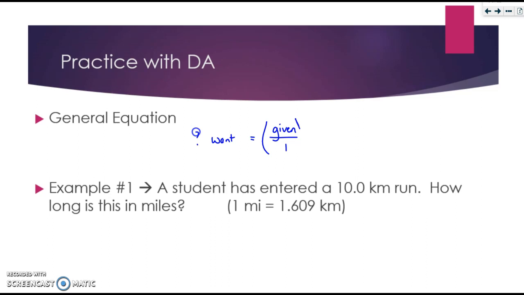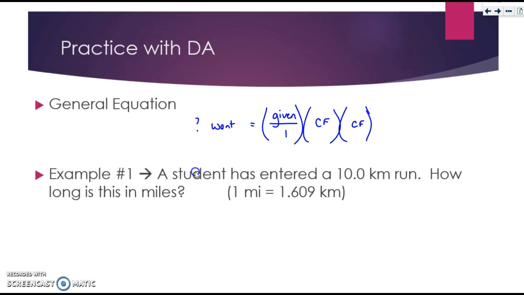The 1 is just a placeholder, and I like parentheses, times my conversion factor. Sometimes there's more than one conversion factor to get to where we need to. These conversion factors will be provided to you. You are expected to know things like there are 12 inches in a foot, there are 60 seconds in a minute, there are 24 hours in a day. But other than that, they will be provided.